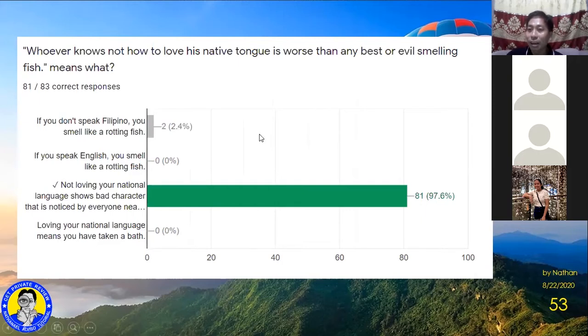It's not as simple as the one who does not love Filipino is not taking a bath or smelly. It simply means that if you do not show love for your national language, it shows bad character on you that will really reflect bad on your personality. It's like you're smelling bad in front of other people like a fish. Okay, it's the analogy for that.